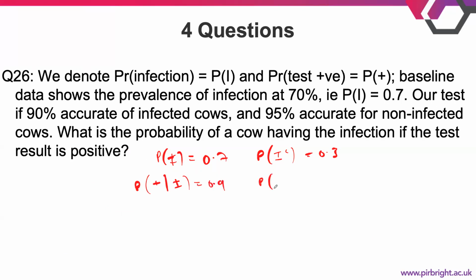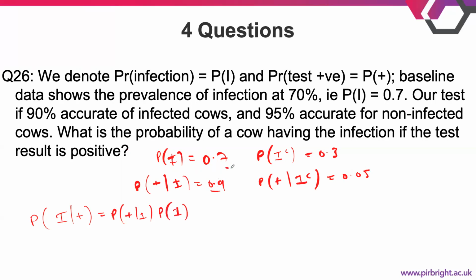The probability of testing positive if you're not infected is going to be 0.05. Therefore, we want to work out the probability of being infected if you test positive, which is going to be the probability of testing positive if you're infected, by the probability of being infected, by the probability of testing positive.